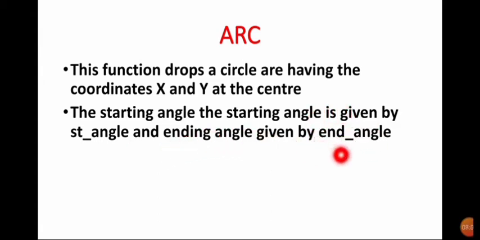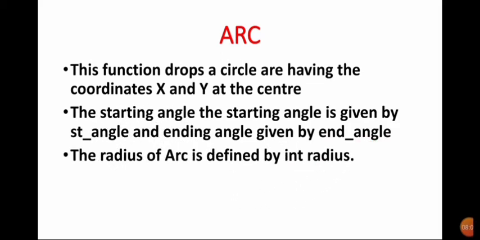So this is the end angle which provides you the end angle of your arc. The radius of arc is defined by int radius. That means it is similar to the circle. Circle also has the coordinates x and y for the center and it uses the integer radius to draw a circle. So with this, the additional part is starting angle and ending angle which is included in arc.